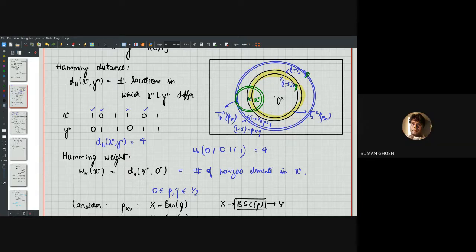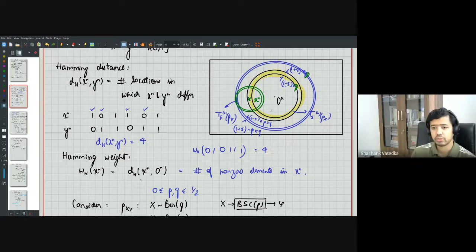So given a fixed xn, if you pass xn through a BSC P, then you would expect to see yn lying within distance close to n times p.